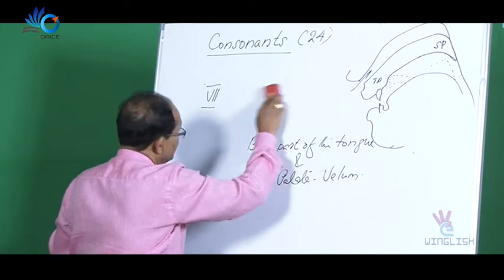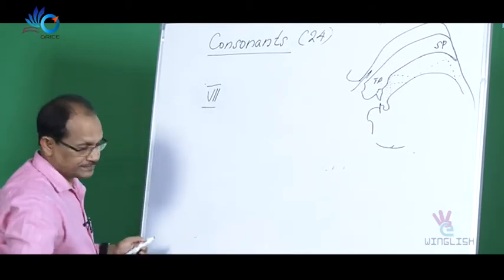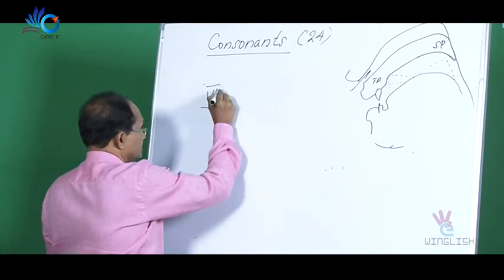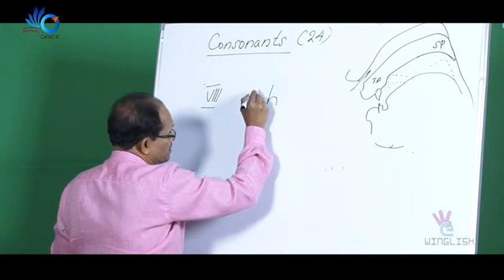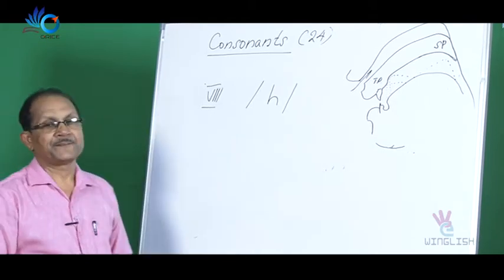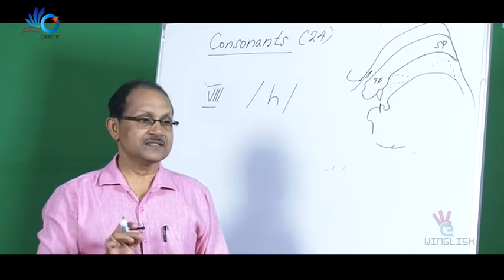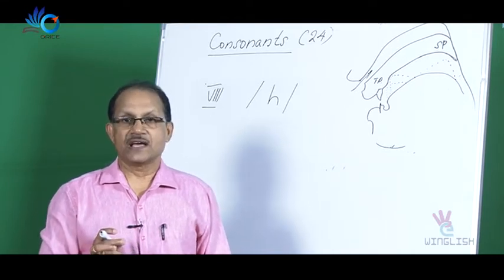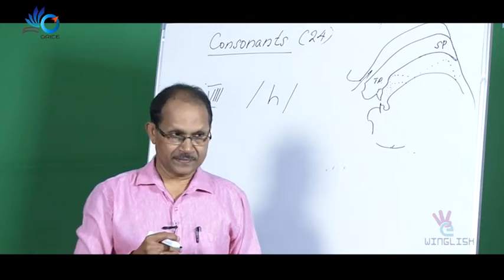And finally, the sounds represented by the letter H. The sound is H, and as you know, it is produced in the glottis.